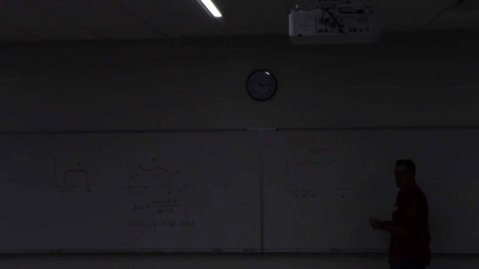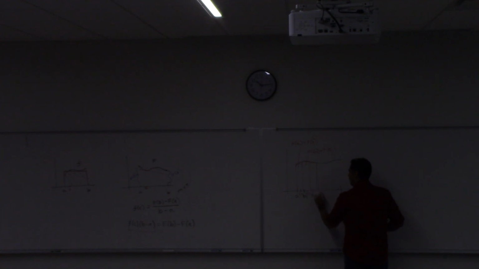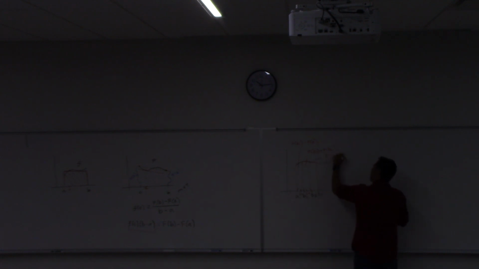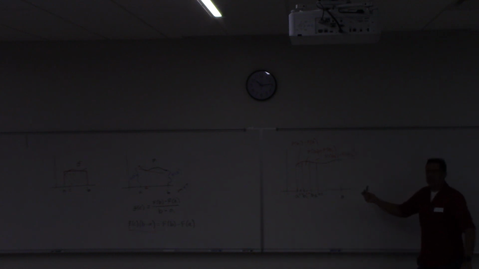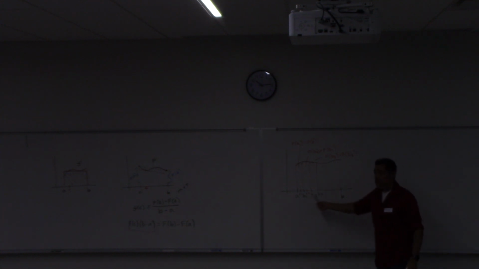What about the next rectangle? If this is B3, that area would be what? Capital F of B3 minus capital F of B2. And do you all see I just keep doing this for as many rectangles as I have? Yes? Okay, let's get to the last rectangle.